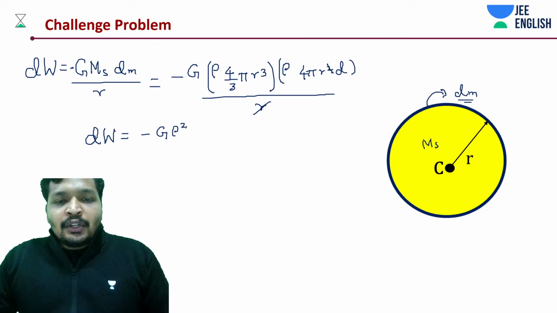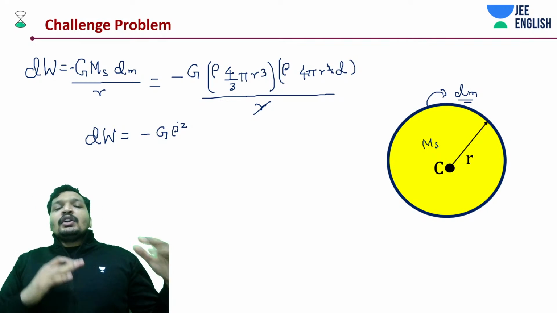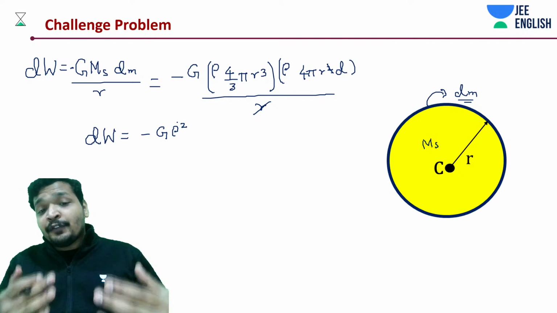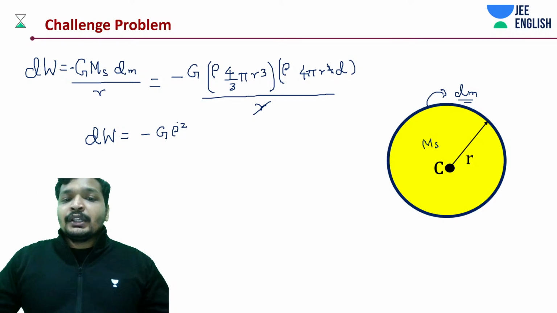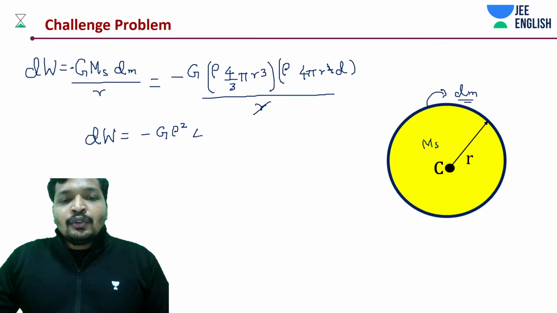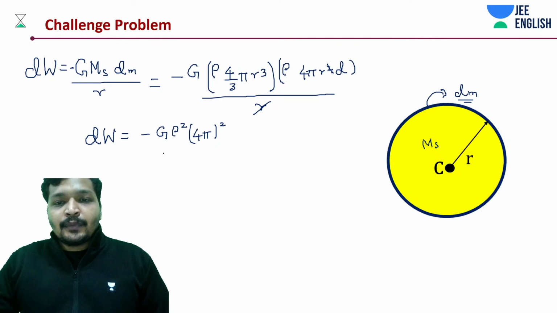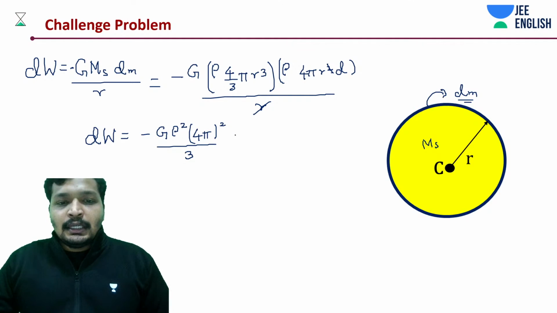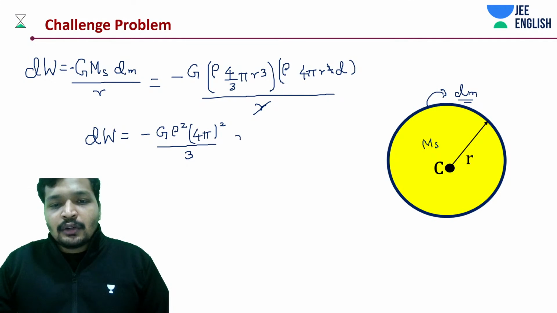That is going to be G rho square. Given that rho is constant, you can do this. If a function for the density is given to you, you would not be doing this. So this would be 4 pi whole square divided by 3, and this is going to be r to the power 4 dr.